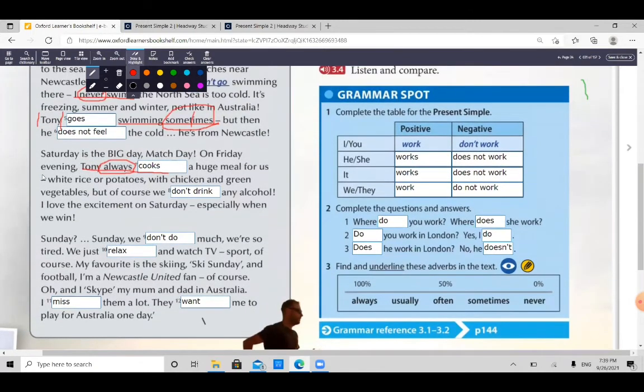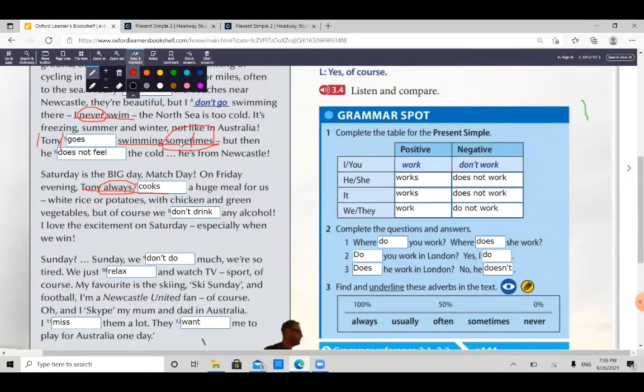Yeah, I was saying some adverbs can come at the beginning of the sentence. For example, sometimes Tony goes swimming. Or you can say Tony goes swimming sometimes.